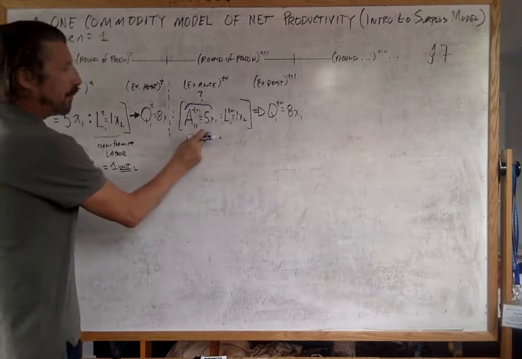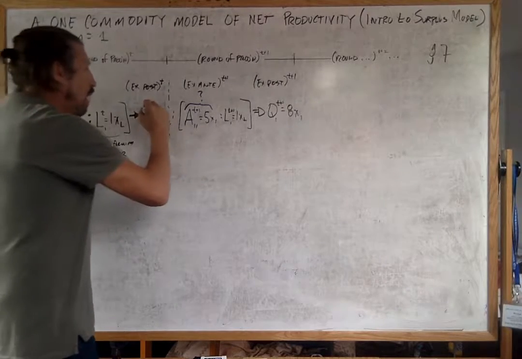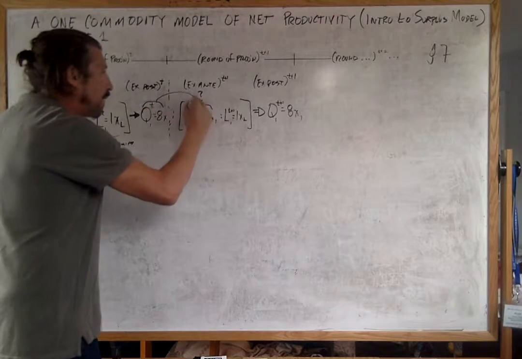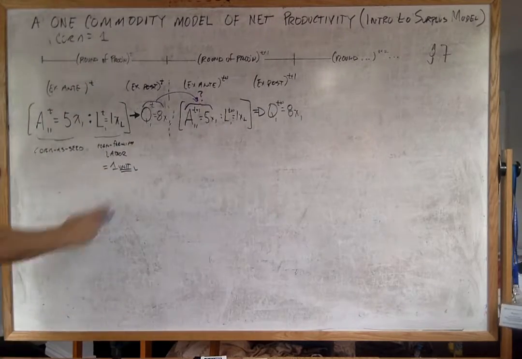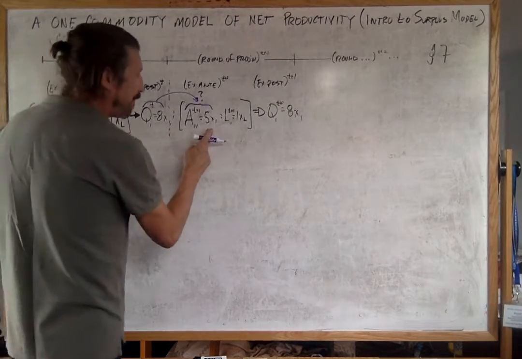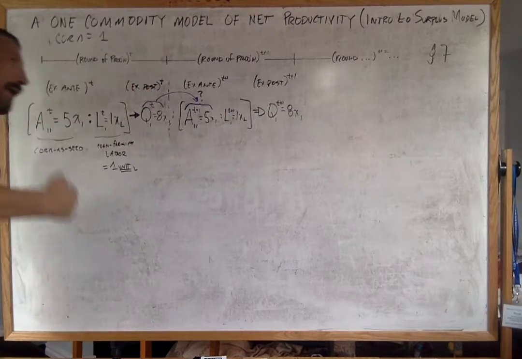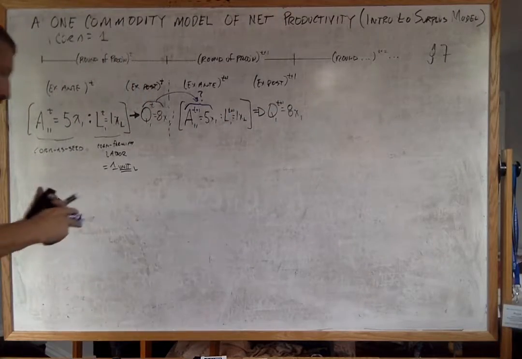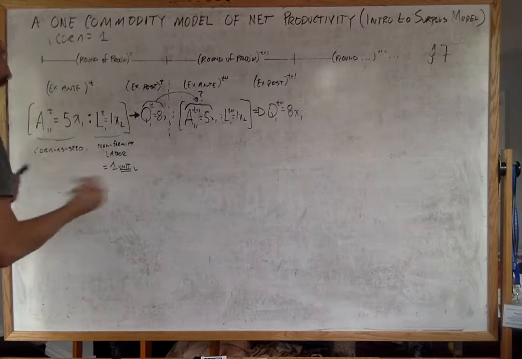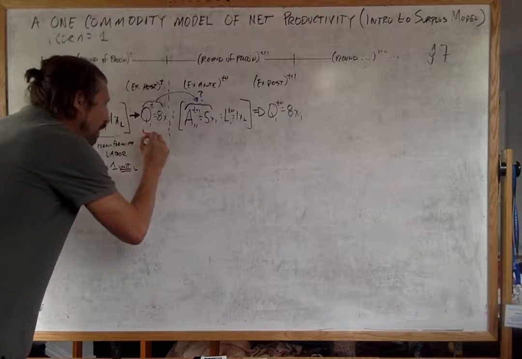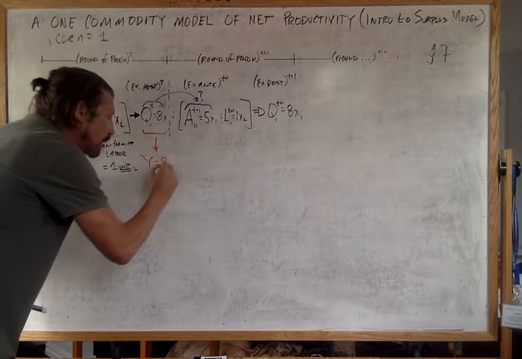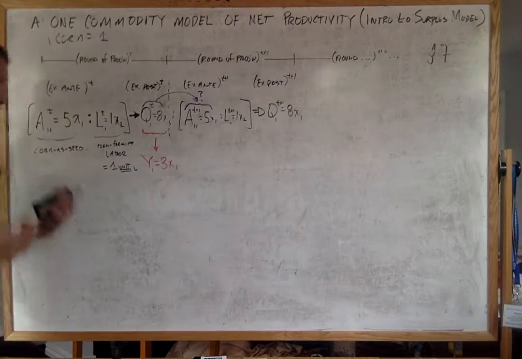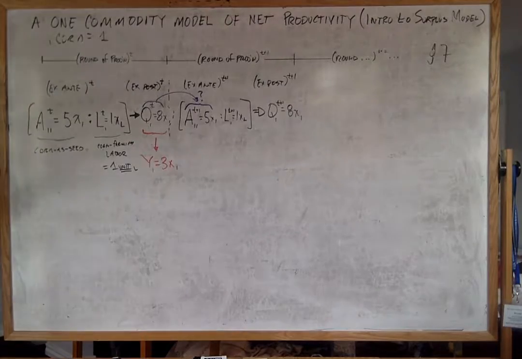We say, well, the input in round T plus 1 comes from the output in round T. So from round T's output, we take out of those 8 quarters, we deduct 5 for the next year's harvest, or the next round's harvest. And that leaves us with a magnitude of a new output, which is going to be, in our numeric example, equal to 3 quarters of corn.